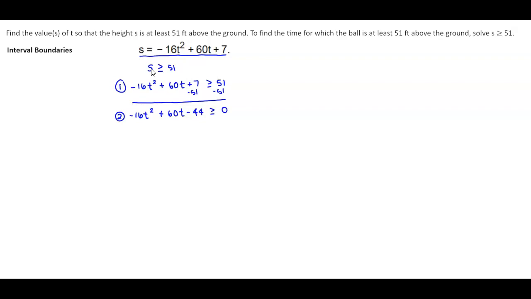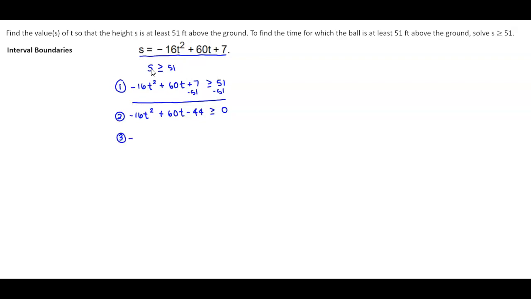Okay, so now the next thing is we want to see if we can factor anything out of this inequality. We can see here that they all have a 4 in common, so we're going to factor out a negative 4.